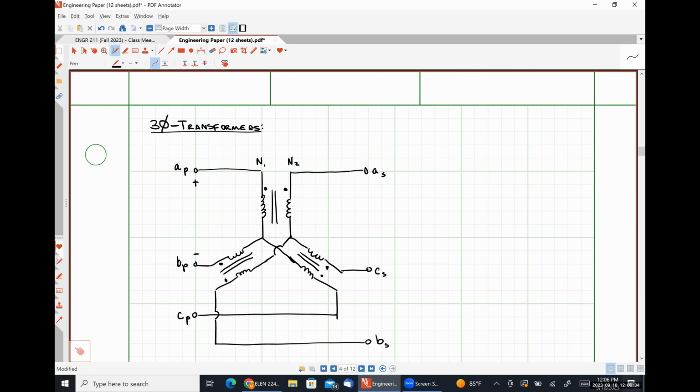This will be our line-to-line voltage, so VL on the primary. And this will be our line-to-line voltage, VL on the secondary.